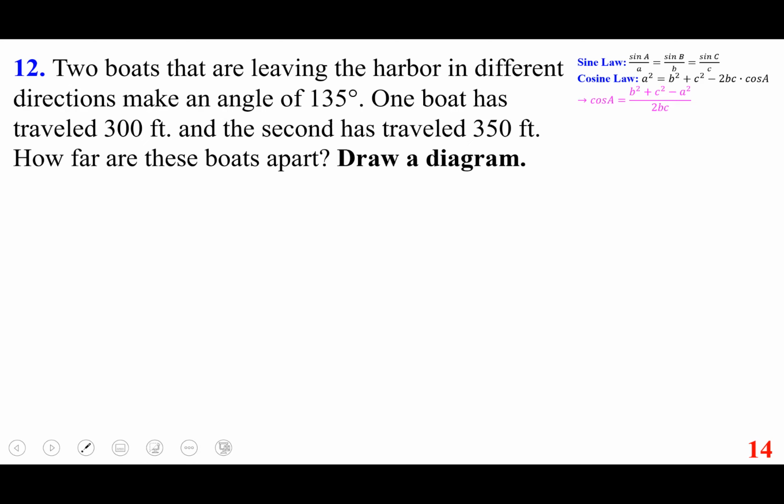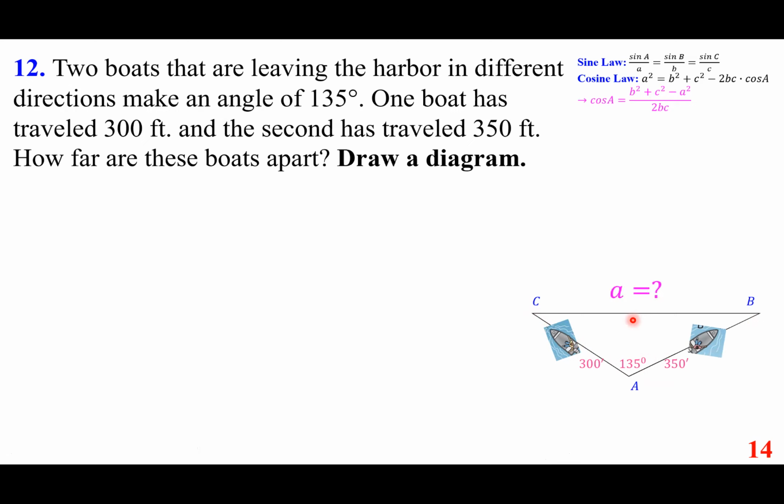Draw a diagram. Perfect. So one is going this way, one is going that way, and we call them A, B, C. One has gone 300 feet, one has gone 350 feet, while they make 135 degrees between the two, and we are interested in the distance of BC or A. So we have cosine law here because side angle side is the included angle.